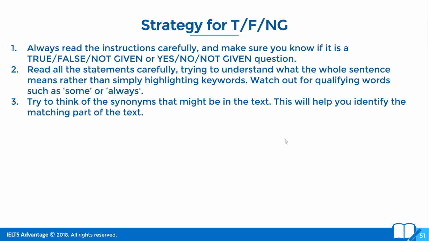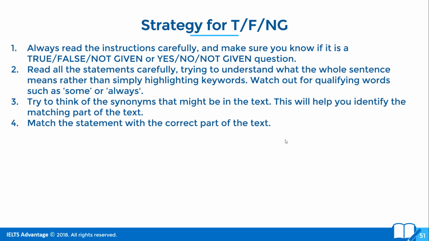Try to think of the synonyms that might be in the text. This will help you identify the matching part of the text. So your next job is to think of synonyms. Okay, so you're not looking at the text yet, you're just thinking of synonyms. Match the statement with the correct part of the text. So now you're looking at the text and you're not reading the whole text, you're just scanning it.